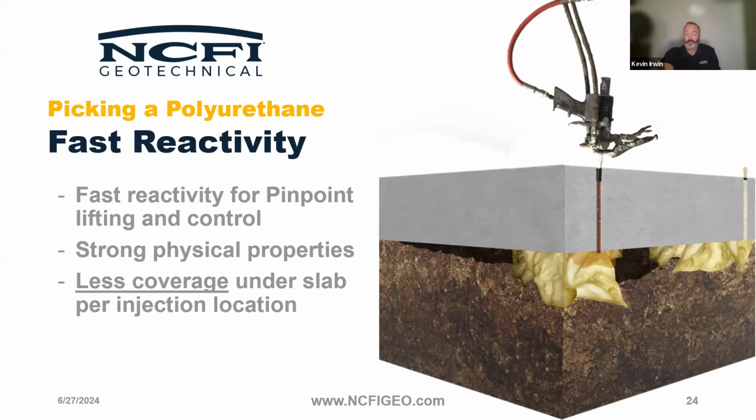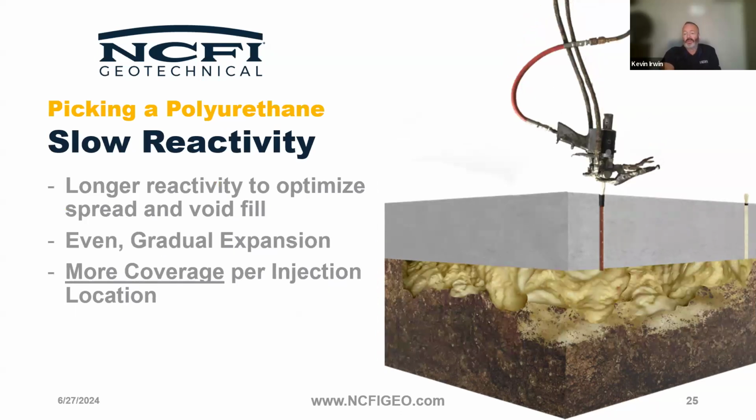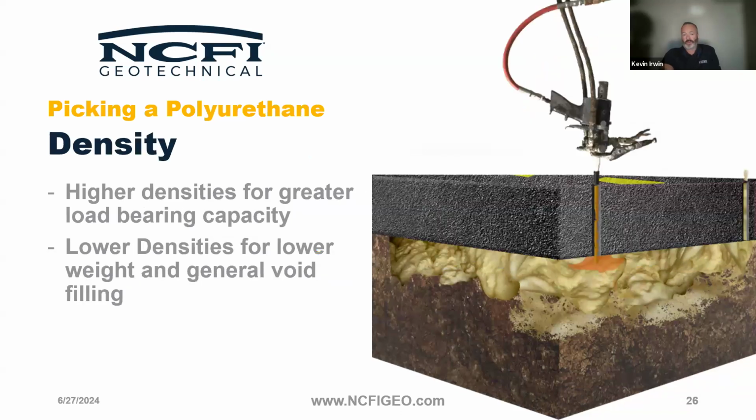So you will plug the tube with a faster reactivity foam more quickly, depending on the depth you're going. Slower reactivity foams, we can get those down further. We can manipulate heat to a certain degree to allow us to get a little bit further or react a little bit faster or a little bit slower, depending on the amount of heat we add at the injection point. So slower reactivity foams are going to go deeper.